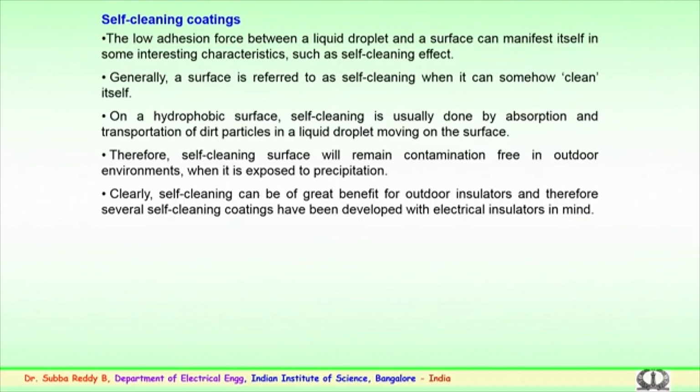Clearly, self cleaning can be of great benefit for outdoor insulation, and therefore, several self cleaning coatings have been developed with electrical insulation in mind for all three technologies, ceramic, glass or polymeric insulators.